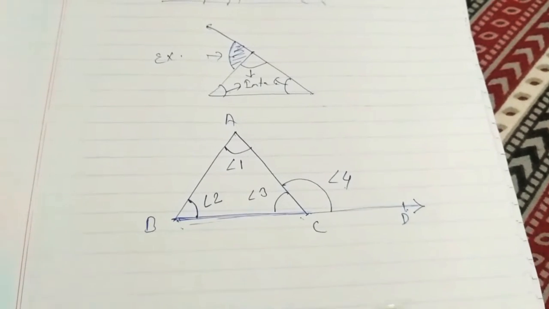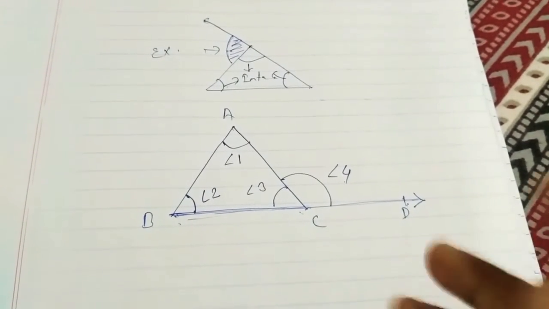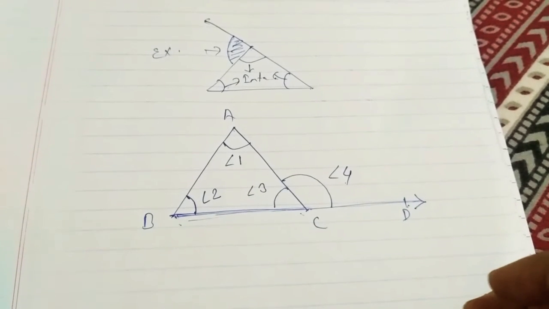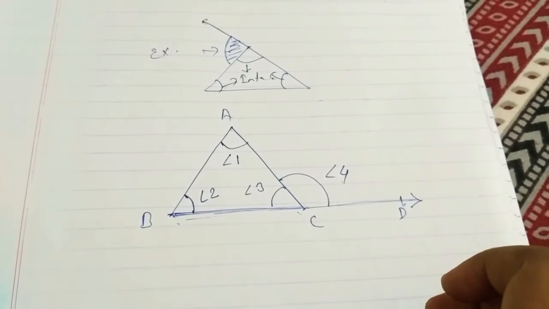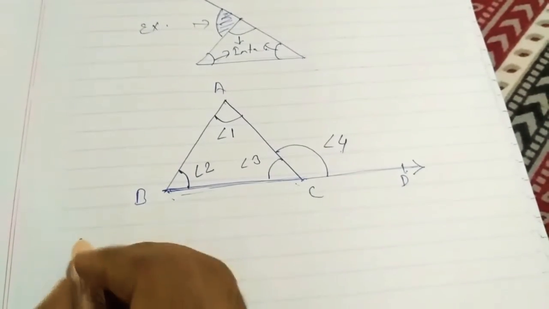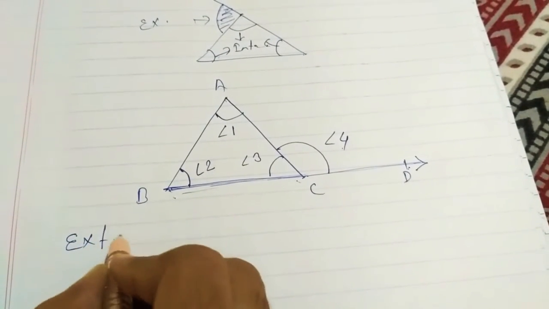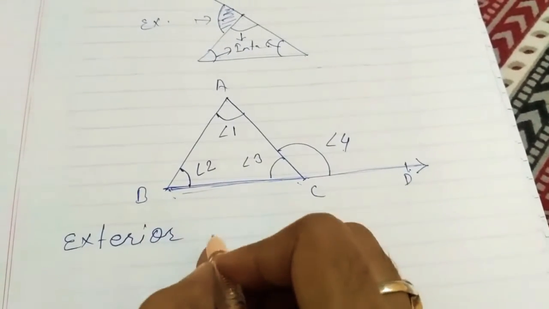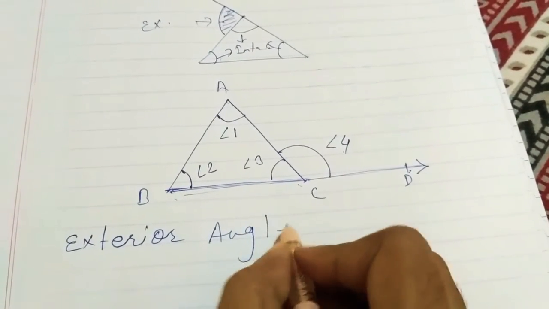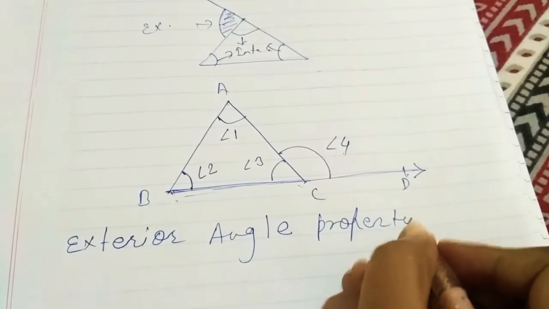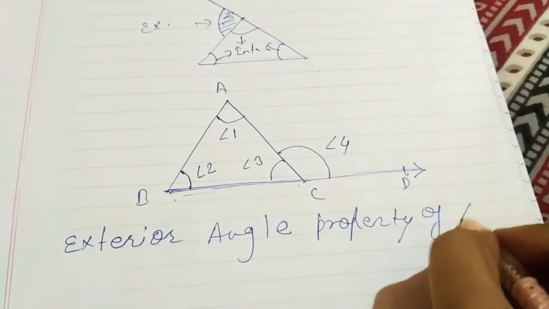Now I want to explain what the main thing is in this property, whose name is exterior angle property of triangle.